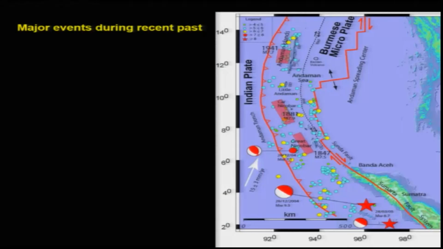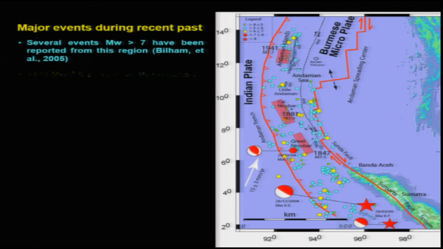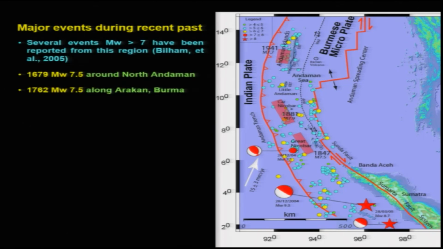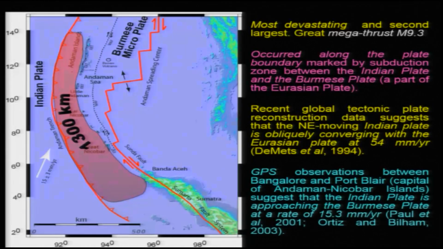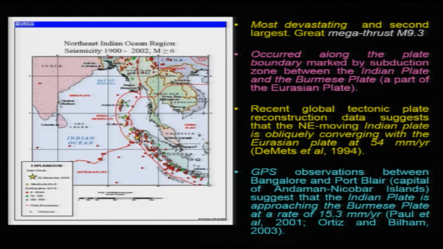Major events in the recent past, if you get into the literature, you will find 1679, then 1762 was around Arakan. Arakan is sitting somewhere over on the top here. This is the Arakan zone.